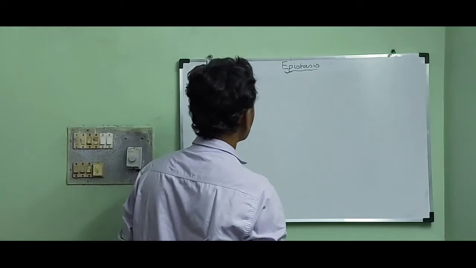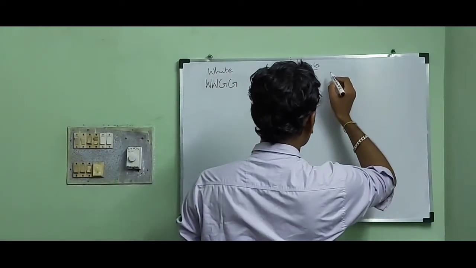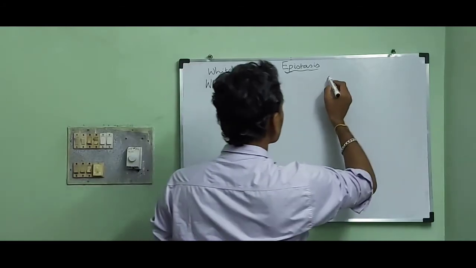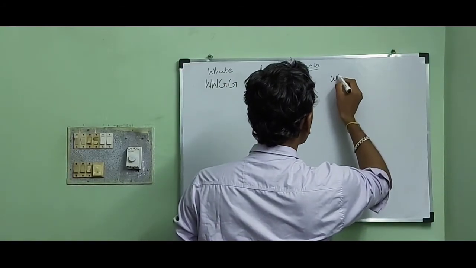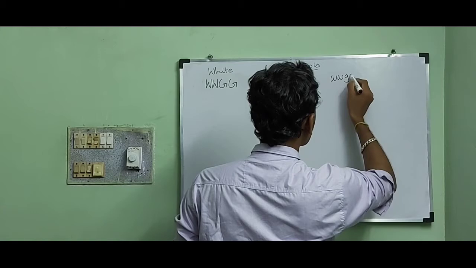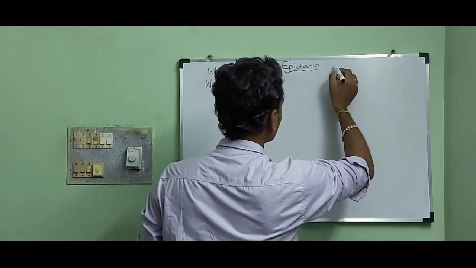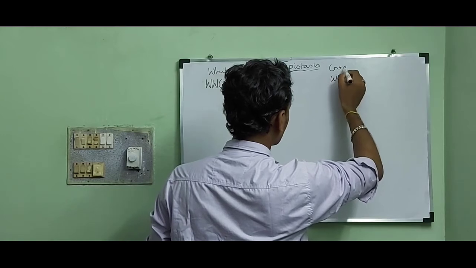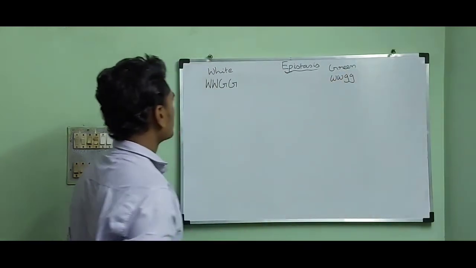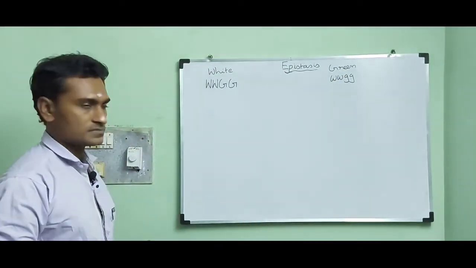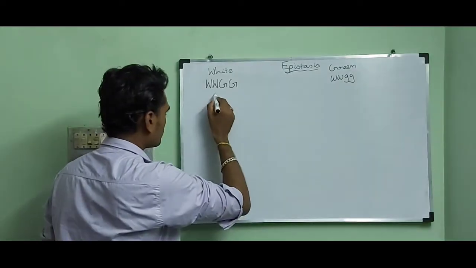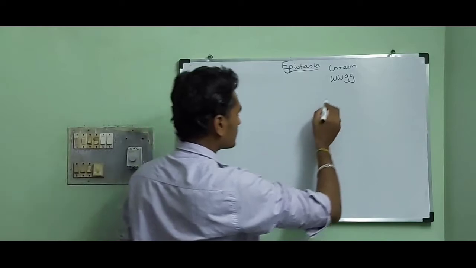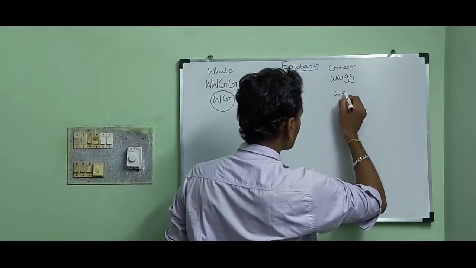Here the genotype for the green summer squash is small w, small w, small g, small g. Then the phenotype of this individual is green. The produced gametes would be capital W, capital G, and small w, small g.